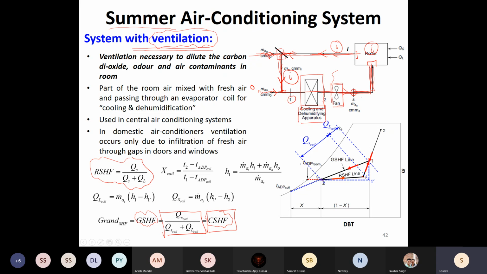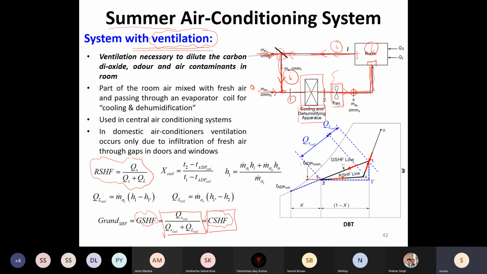So that's why your central ACs, especially in commercial spaces, many a times they will not run at the optimum ventilation level. They tend to reduce the amount of ventilation in order to save energy. Many a times when you visit a mall or a theater, you will have that weird smell inside.